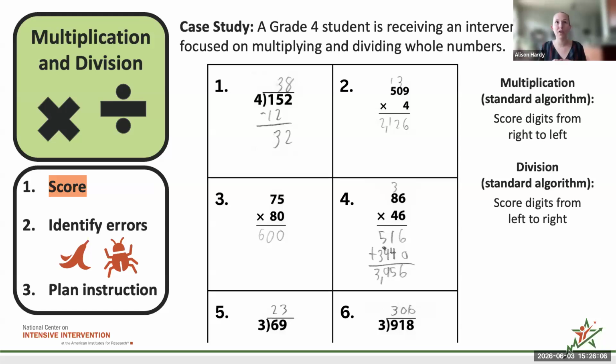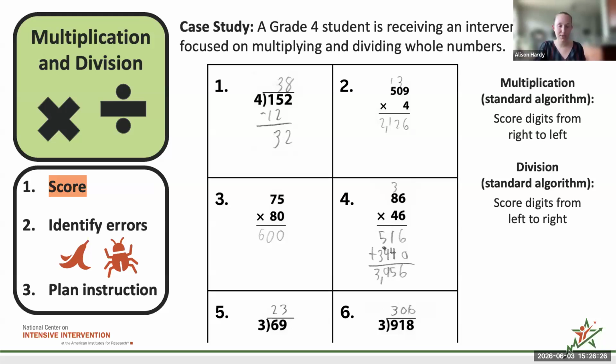And when we look at other strategies for solving multiplication and division, such as array models or other more scaffolded multiplicative models, we might score the digits a little bit differently. So it's going to depend on the strategy.